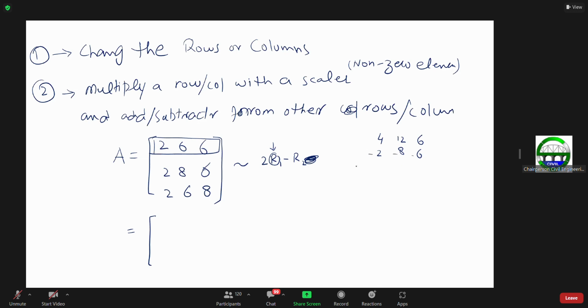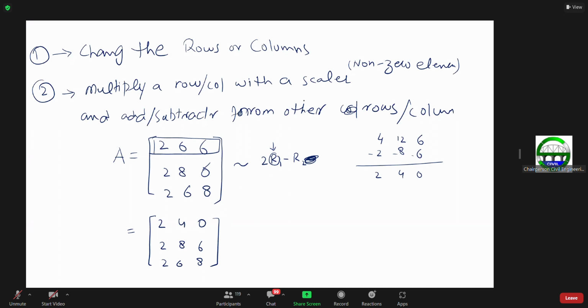Subtract it, the answer will be equal to 2, 4 and 6. So you can write it 2, 4, 6; 2, 8, 6; 2, 6, 8. Right? So this is called the row operation.